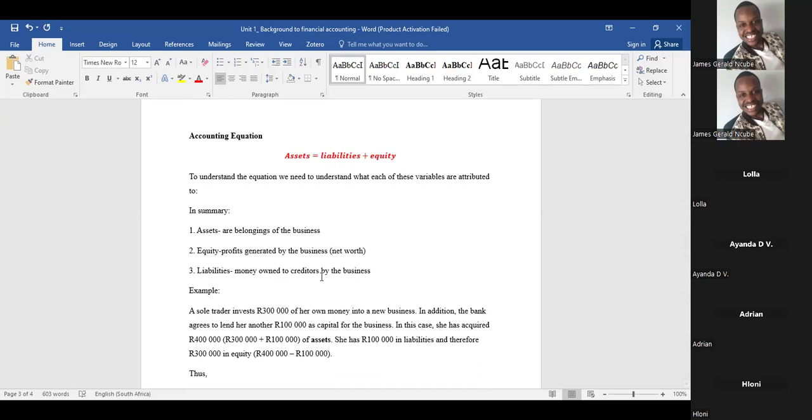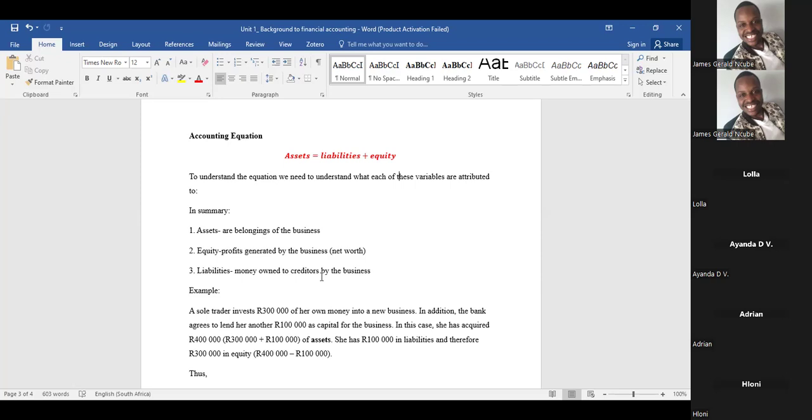Before we look further, sole trader, we said what? They are liable for any cost incurred by the business, right? So this sole trader is investing her own money into a new business, right?